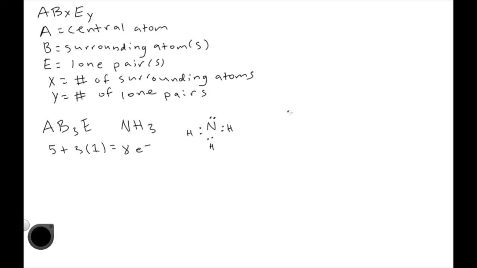So our new Lewis structure might look something like this. Right, and now the steric number of nitrogen is 4, because like we said before, the steric number is equal to the number of sigma bonds plus the number of lone pairs.